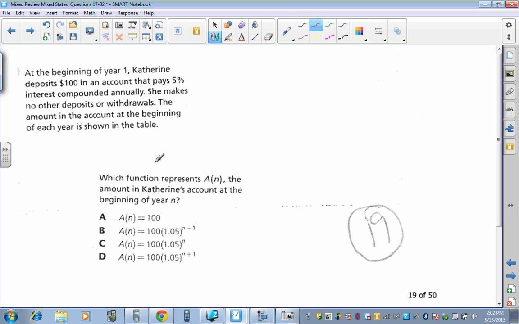Okay, this one, when things are increasing or decreasing by a percent, we know that's going to make a geometric sequence. What they're looking for here is the explicit form of that sequence. And that formula is a of n equals a1 times r, which is your common ratio, to the n minus 1.